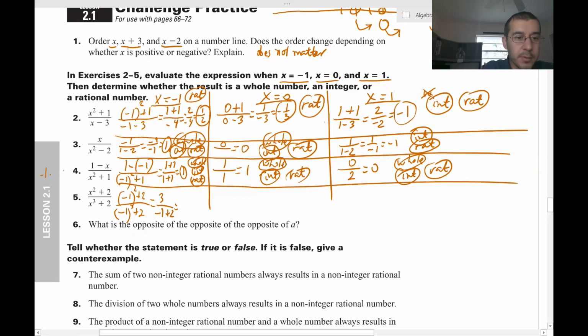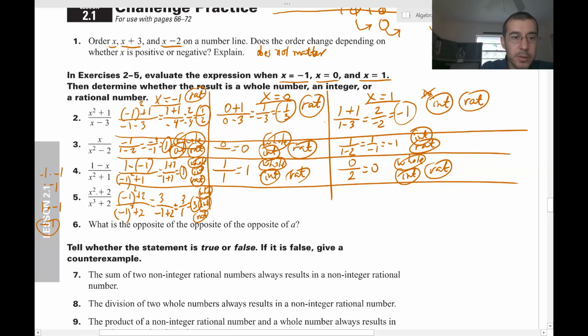Minus 1 times minus 1 times minus 1. So minus 1 times minus 1, that's 1. And then times this minus 1, positive and a negative sign is negative. 1 times 1 is 1. So that's why it's negative 1. Okay. Plus 2 equals, this is 3 over minus 1 plus 2 is 1, or this is just 3. So this is everything. Whole number, it's an integer, and it's a rational number.